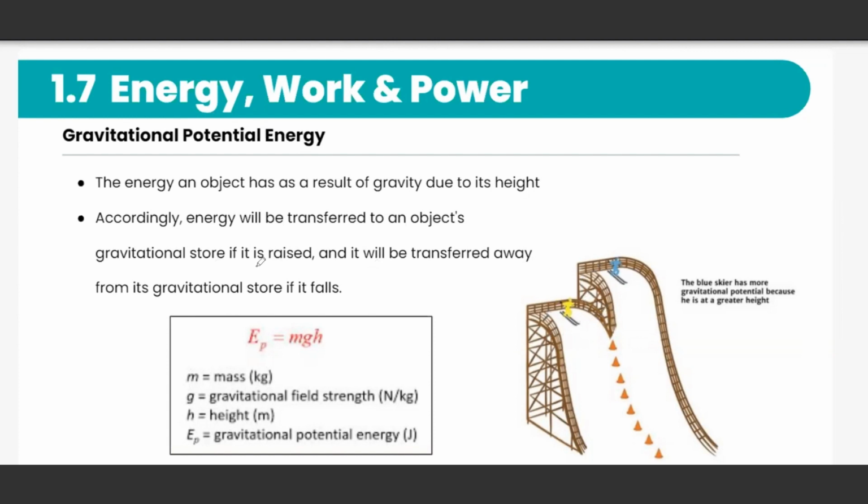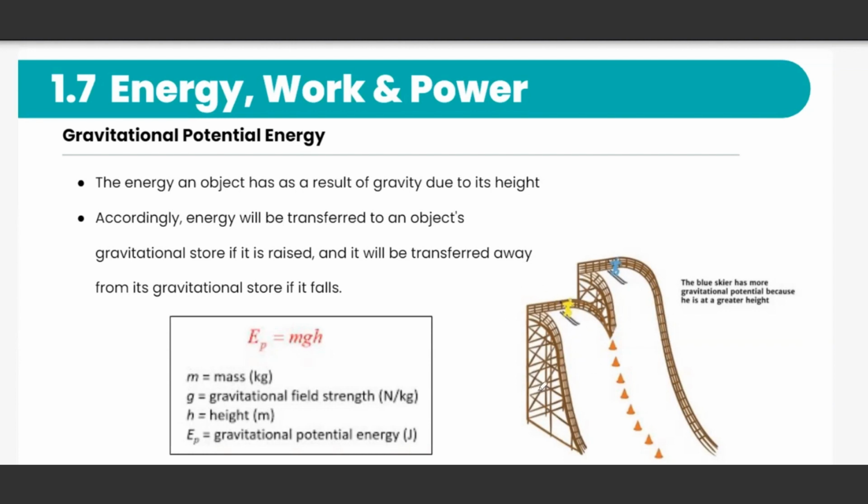When the object is raised, it will store the gravitational potential energy. And when the object falls down or is coming back to the ground level, then the gravitational potential energy will be transferred to a different energy type.